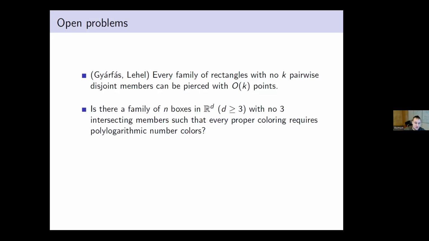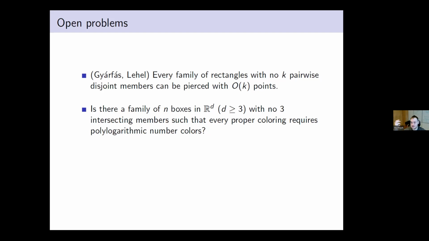Another problem that remains is what happens with the coloring problem in dimension at least 3. My construction starts working when the number of intersecting members in the family grows at least a tiny bit with n, at least logarithmically in n.